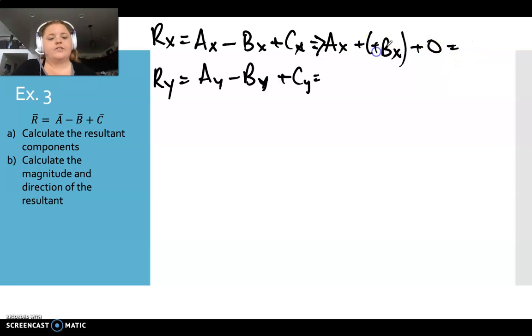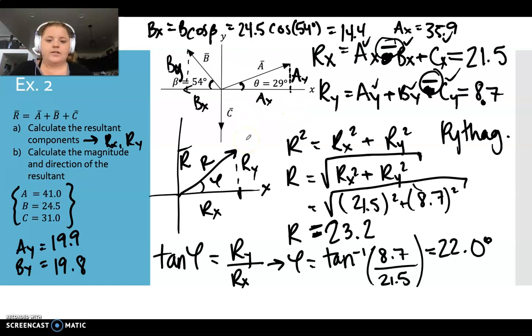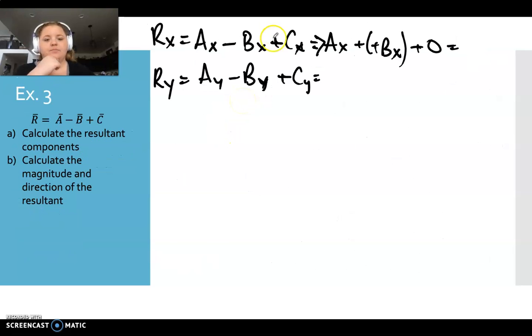So this is going to be just those two added. In this one, a and b sub y are positive values, but c sub y is negative, so we'll have to put that in there. So a sub y minus b sub y minus c sub y.